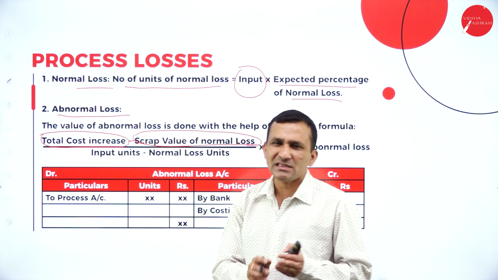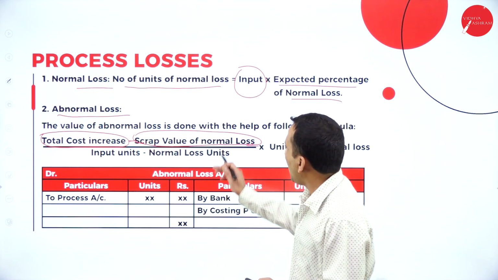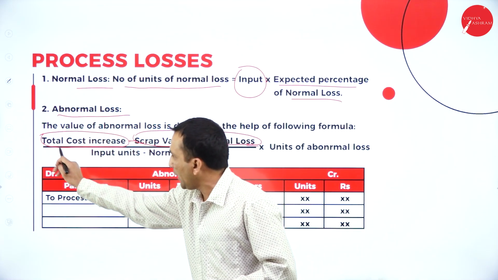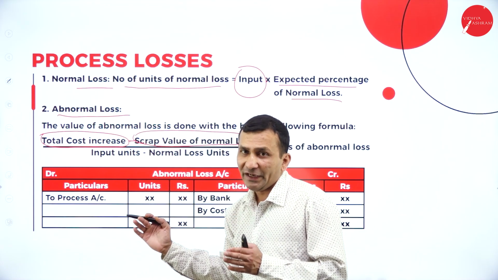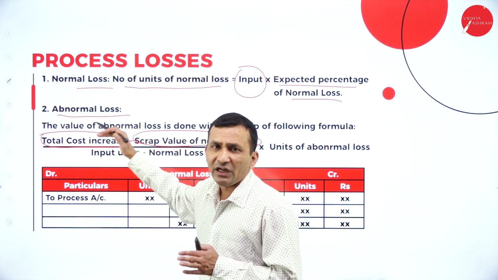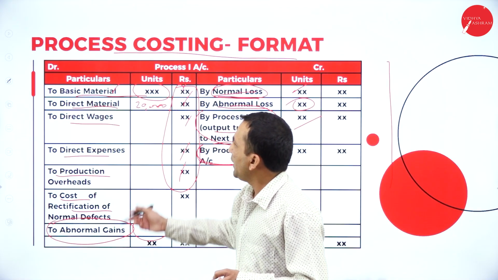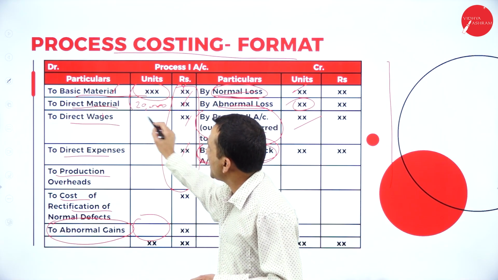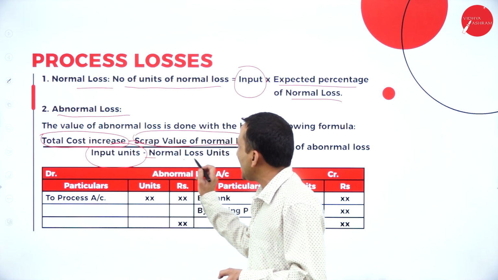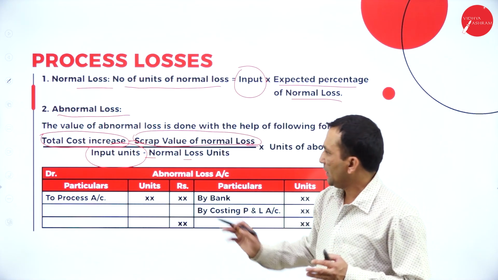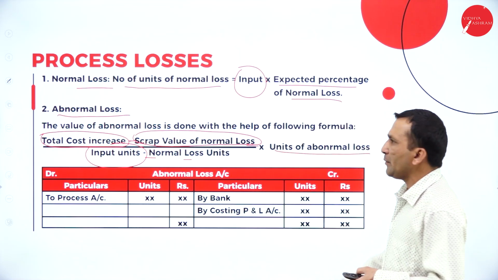The 200 units, for example, at 2 per unit, if you multiply, 400 is the value you recover. The total value is the numerator, the denominator is units. Input units means the units we have introduced here. From the input units, you need to subtract the normal loss units, into the units of abnormal loss.